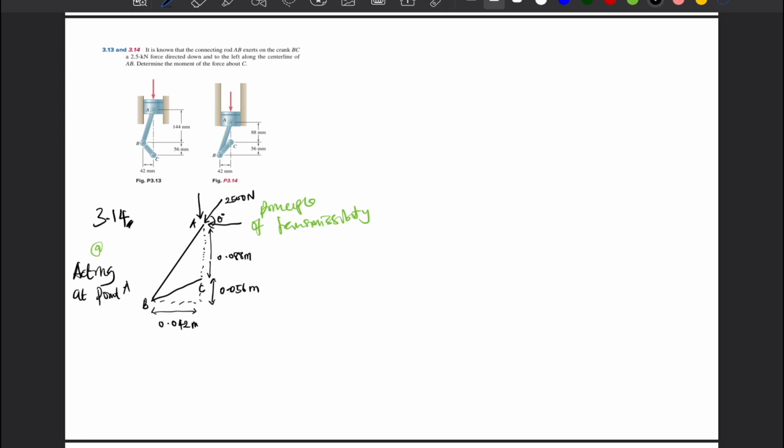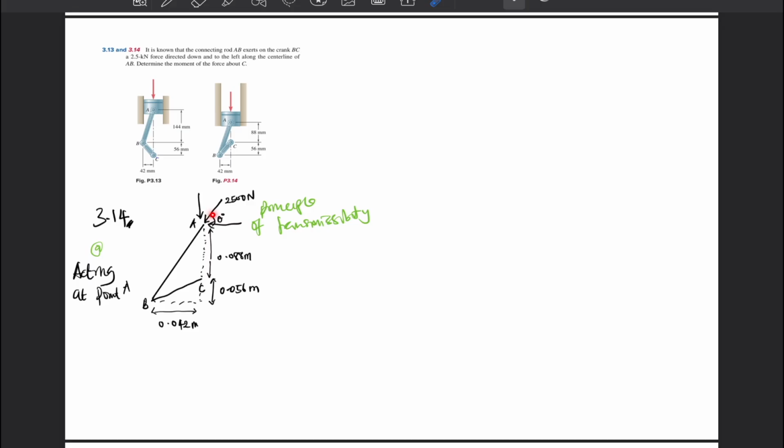In order to get our theta, you can see that theta here is the same as the angle between this line and this plane here. Because we know the distance here and we also know the distance here, we can extract this triangle in order to calculate our theta.